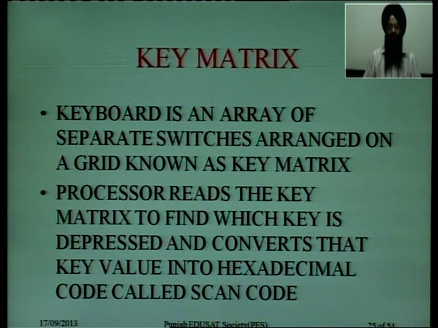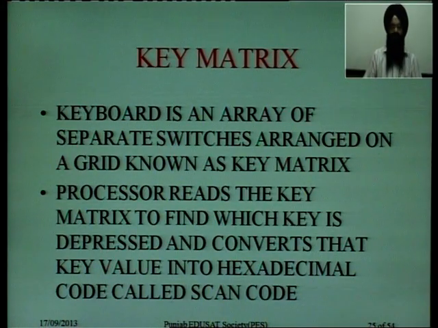To identify the key which is pressed and to make a signal about the key for providing input to the computer machine, a key matrix is used, which is a very good process to make it easy to detect which key is pressed, and then that signal is given as input to the computer processor.